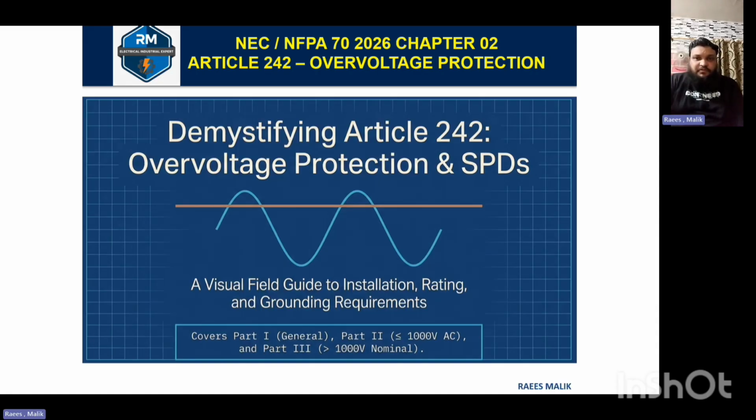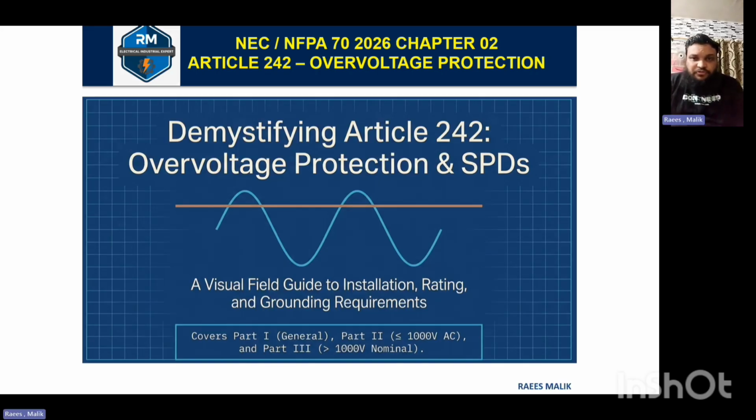In this session, we will discuss Chapter 2, Article 242, overvoltage protection and overvoltage protection devices. When it comes to the scope, this article consists of three parts. Part one is all about general requirements and connection requirements of overvoltage protection and overvoltage protection devices.